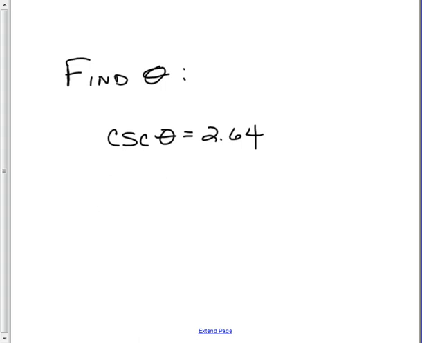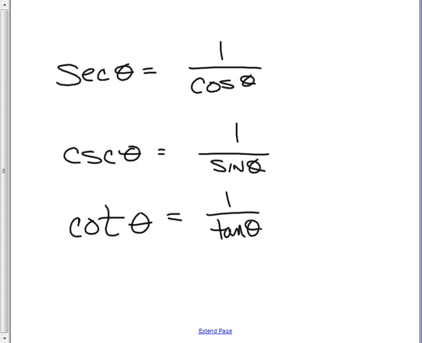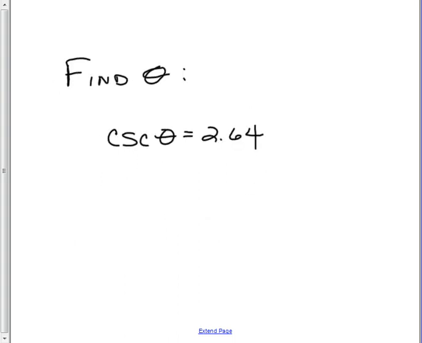When I made this other page, theta didn't go upside down. Theta stayed with its trig function, right? So on this one, theta has to stay with it. So longhand, this means 1 over sine theta is still 2.64. That's just the definition. I never do this stuff, but it's still true.